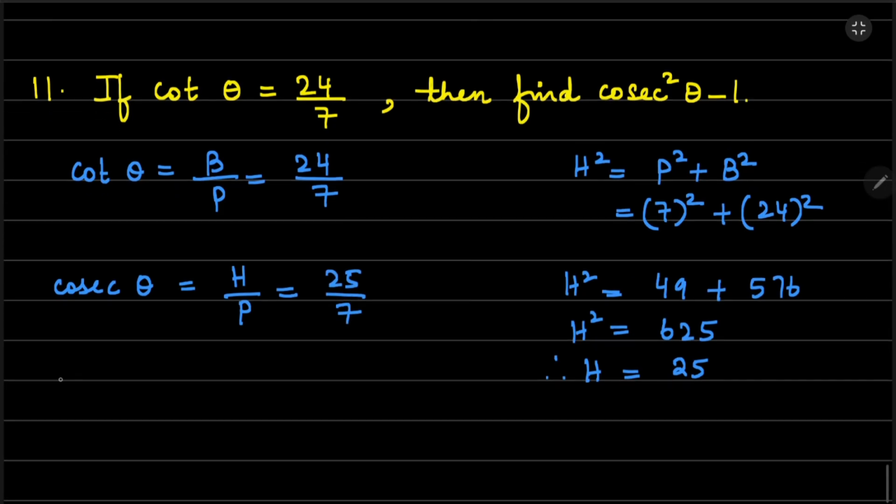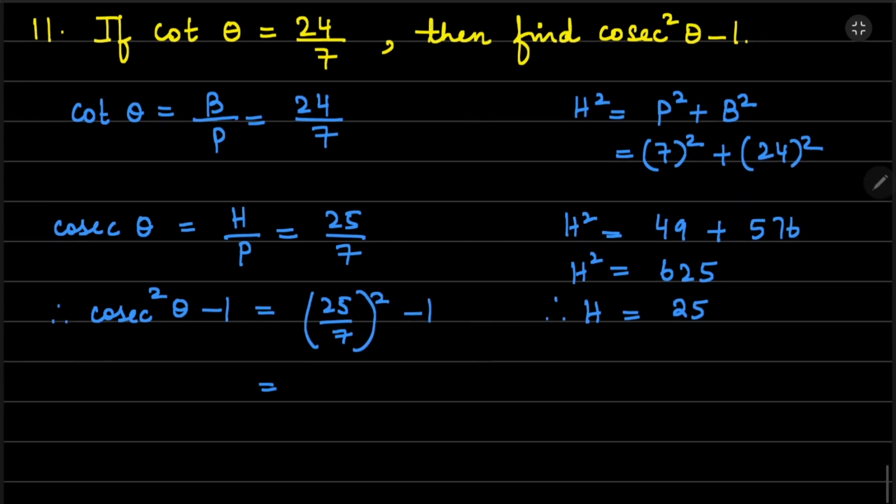Right? Now, therefore, you can find out what is cosecant square theta minus 1, which is nothing but 25 by 7 the whole square minus 1. What is 25 whole square? 625 by 49 minus 1. Take the LCM. It is 49. So 625 minus 49.